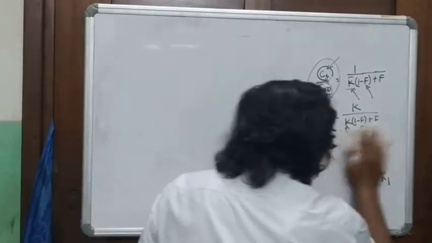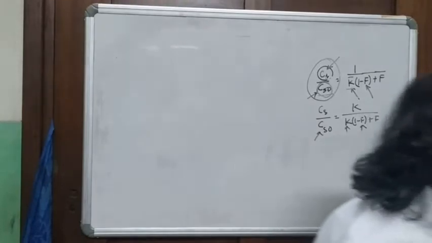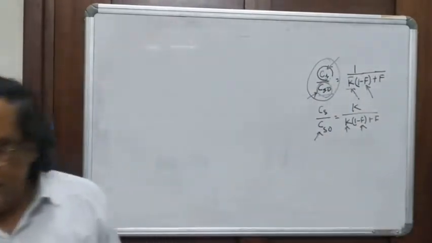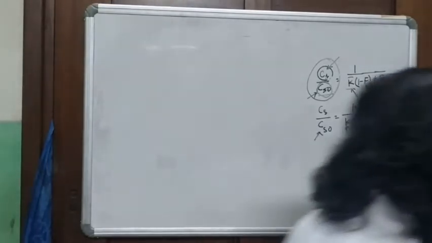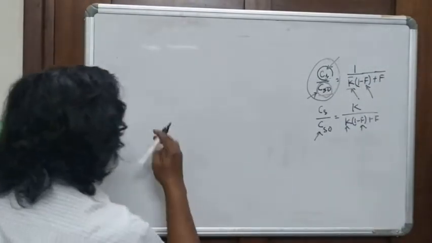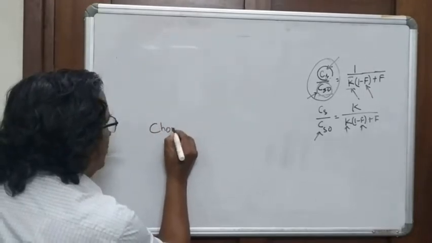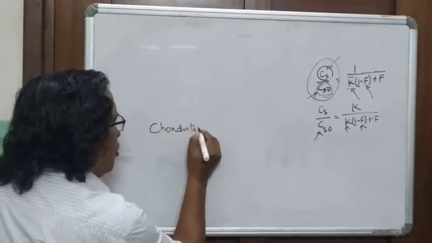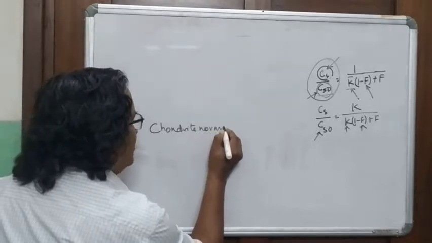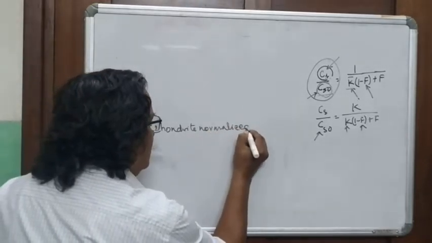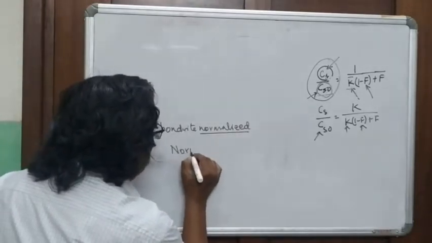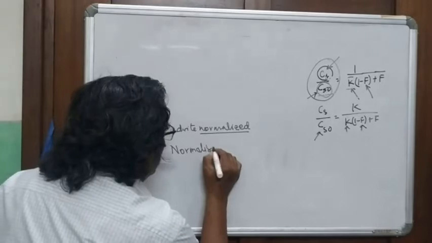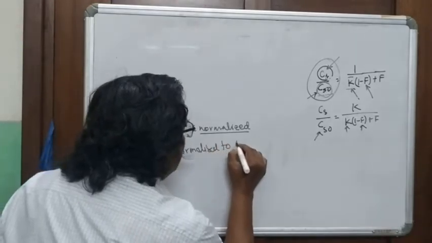Now when you do this rare earth element business and trace element modeling of rare earths, you often come across a term which is called chondrite normalized. All of you, I am sure, have heard about it. Chondrite normalized. Or sometimes normalized to depleted mantle.